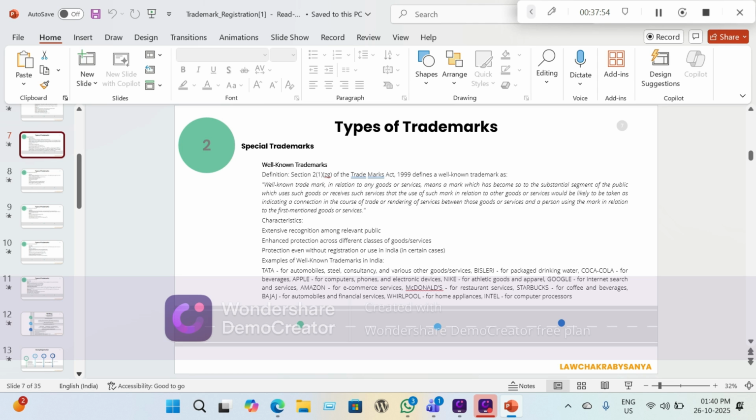So anybody who uses that particular mark, for example, if I am using Nike to sell earrings, even then, because I'm using the word Nike, people will think about shoes.